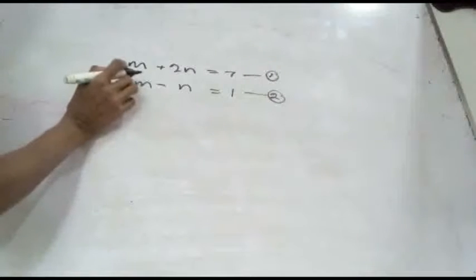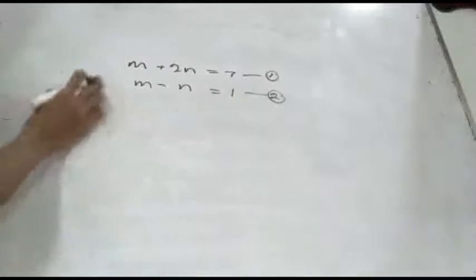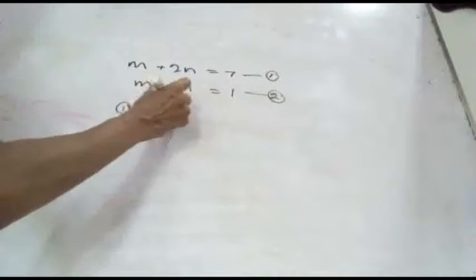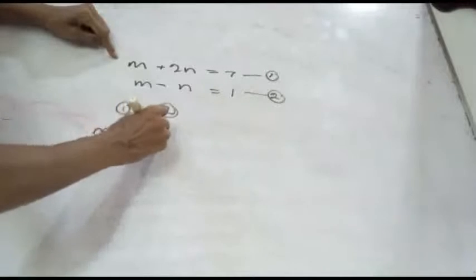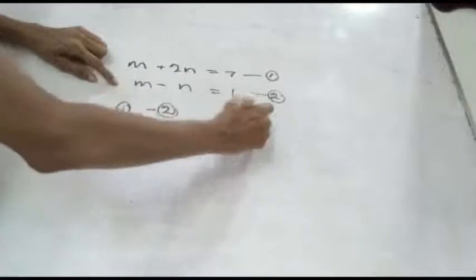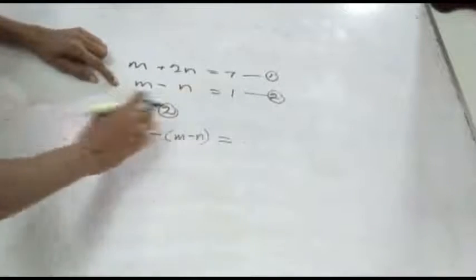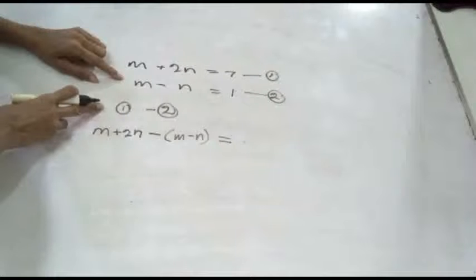To eliminate m, we subtract the second equation from the first equation. First equation subtract second equation. Here it is wrong, right.